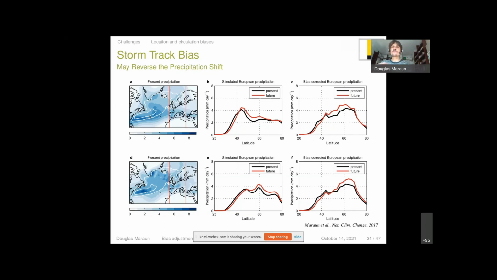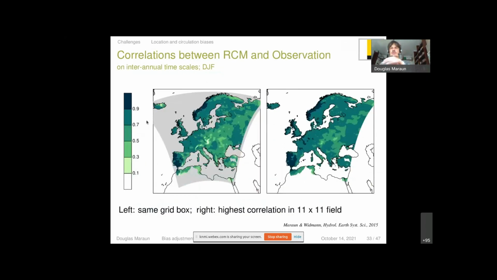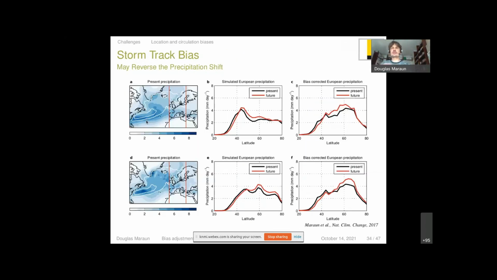Here the white shading is the observed rainfall patterns, and the blue is the simulated rainfall patterns. So you see your model here has a spatial shift. The rainfall pattern is too far south.